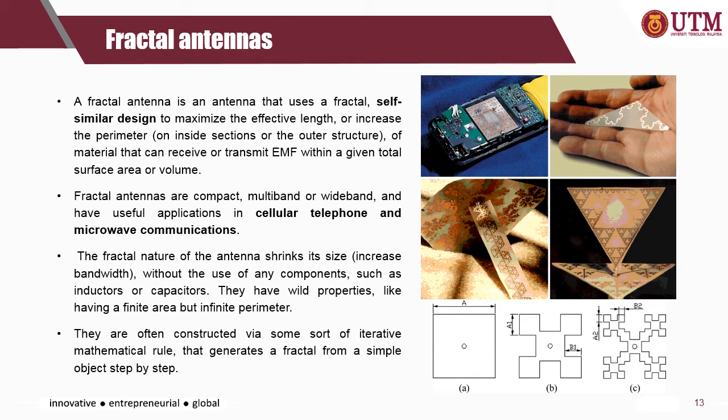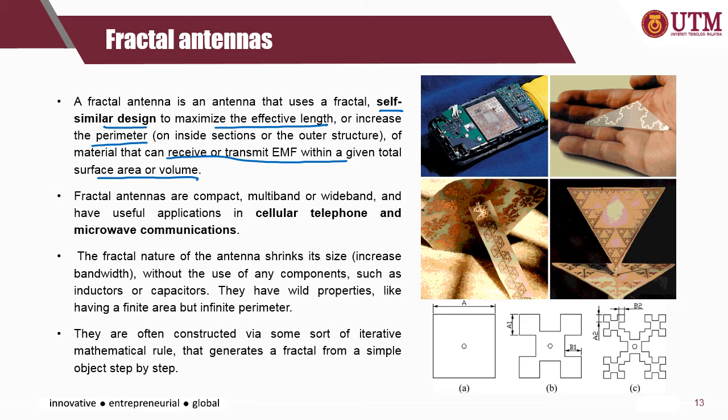Okay, next are the fractal antennas. A fractal antenna is a self-similar design to maximize the effective length. It increases the perimeter, so it can receive or transmit electromagnetic waves within a given total surface area or volume.